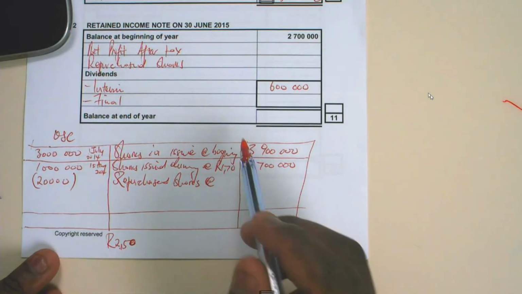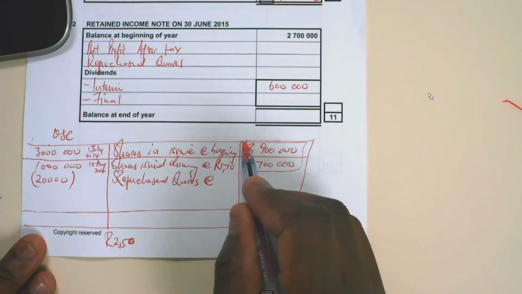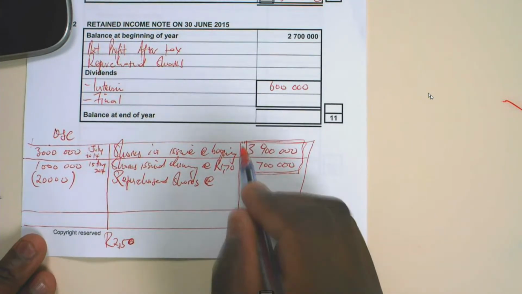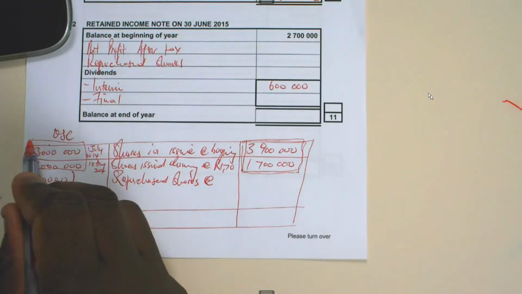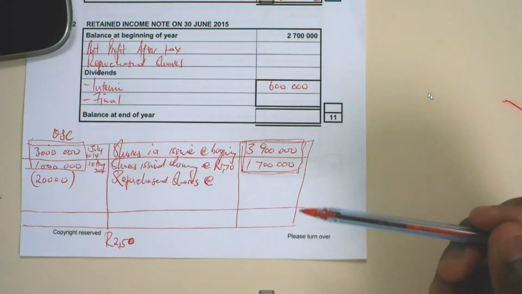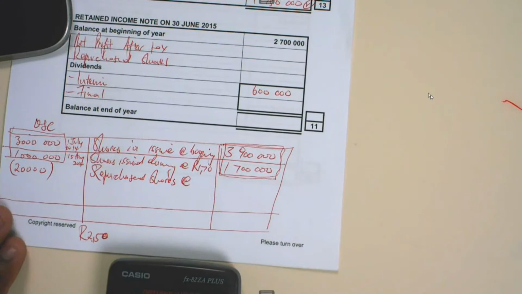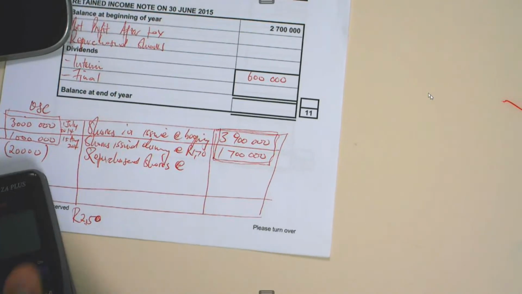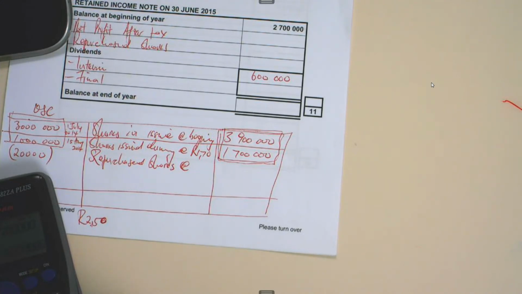You add what took place prior to the repurchase of shares. Then you'll find that 3,900,000 plus 1.7 million gives you 5,600,000.